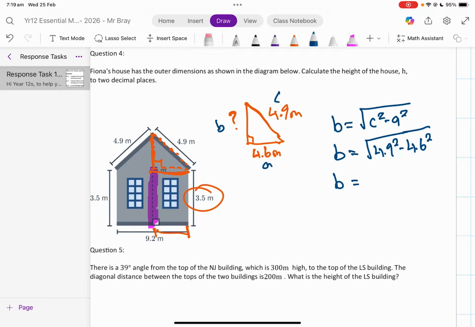Chucking that in the calculator, 4.9 squared minus 4.6 squared.